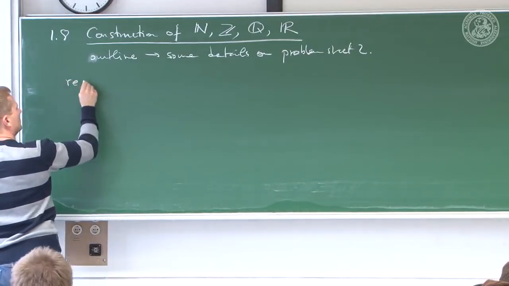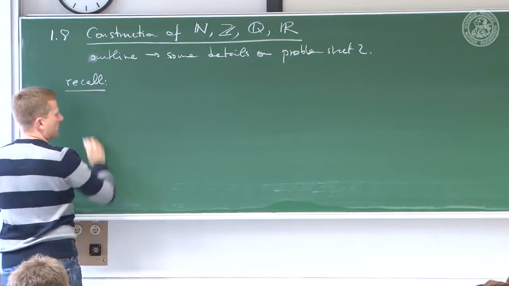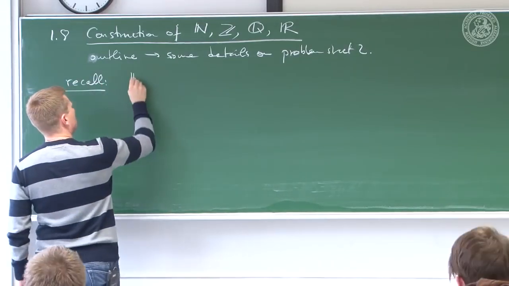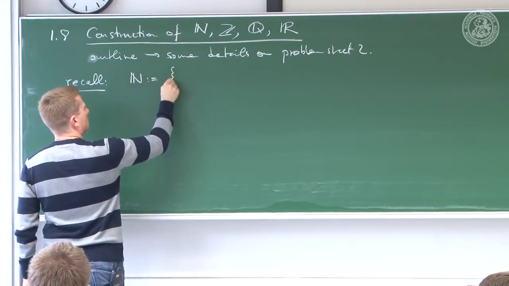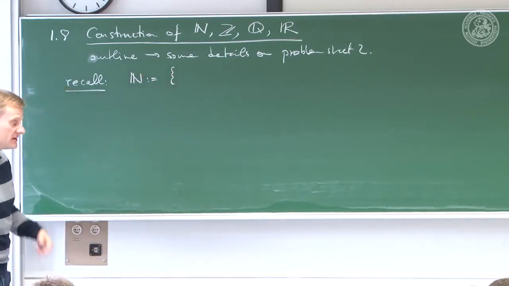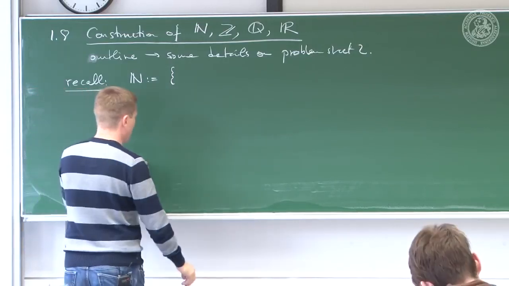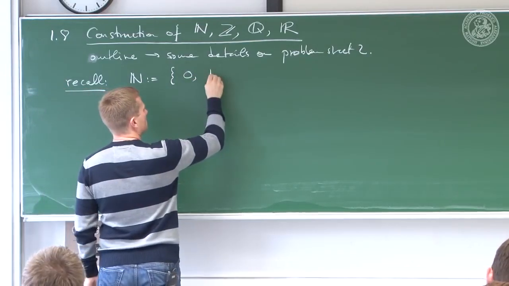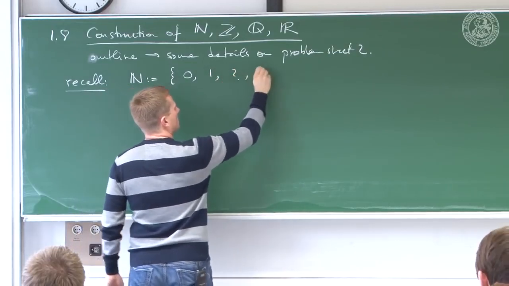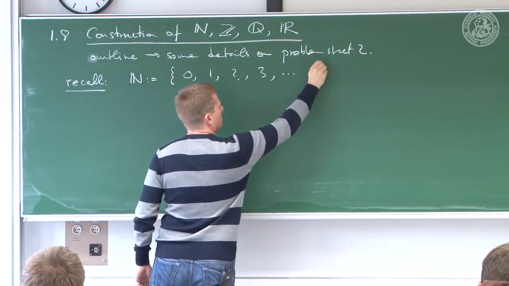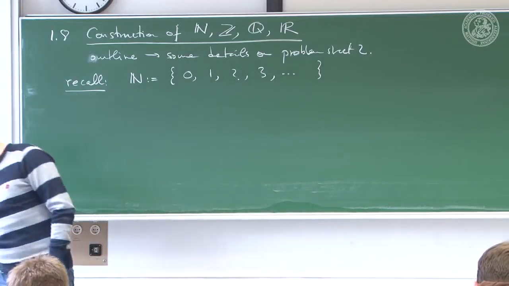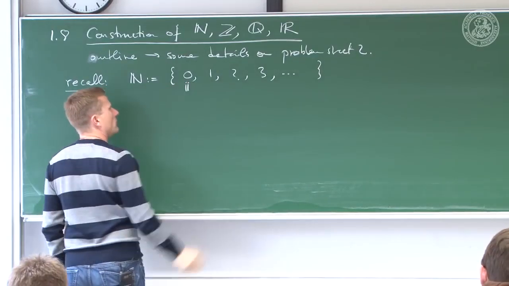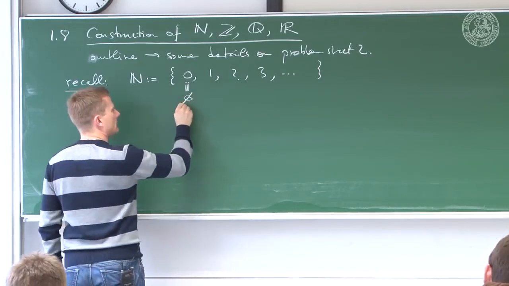So recall that from the axiom of infinity, we got the set N, which by the axiom of infinity was identified as a set that consists of these sets, 0, 1, 2, and so on. 0, 1, 2, 3, and so on are sets, namely which set? Well, the set with name 0 was the empty set.